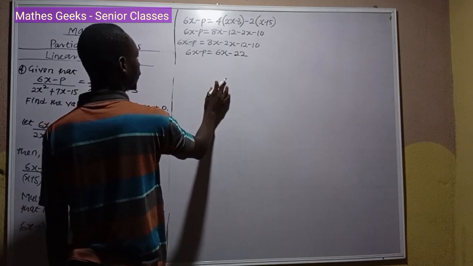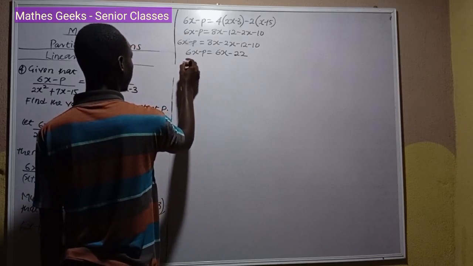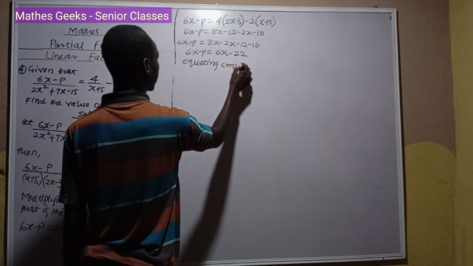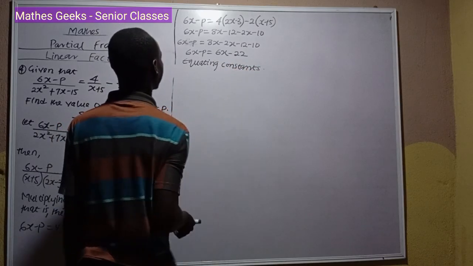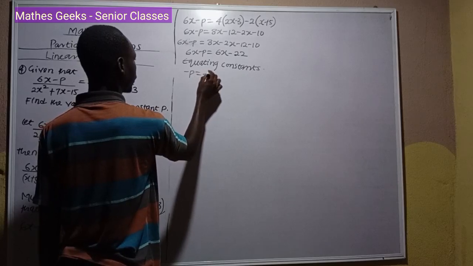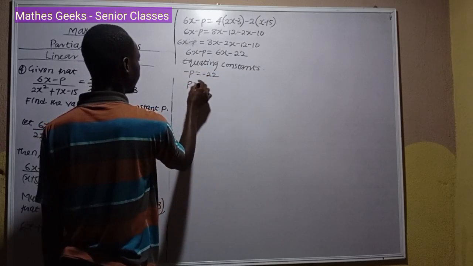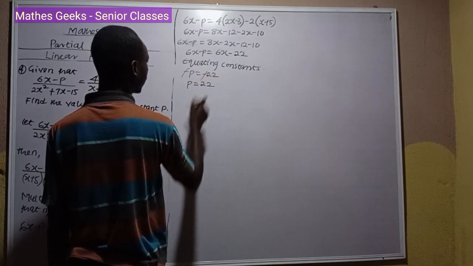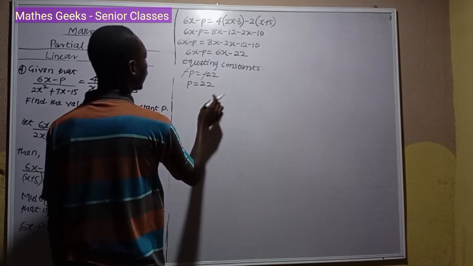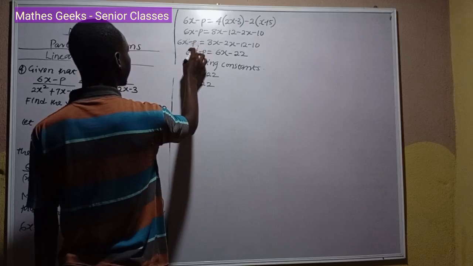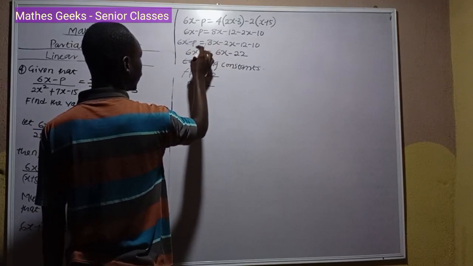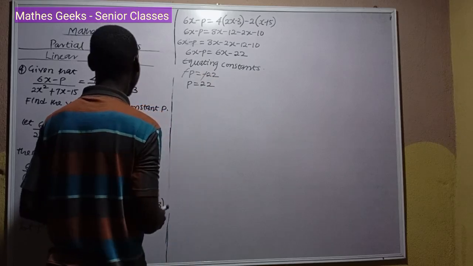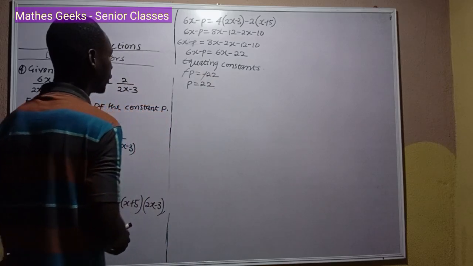Okay, so when we equate constants, minus 2 equals minus 22 plus, equals 22. Or from here we can just say 6x will cancel, minus 22 divided by minus 2, we're going to have 22. So the value of the constant P is 22.